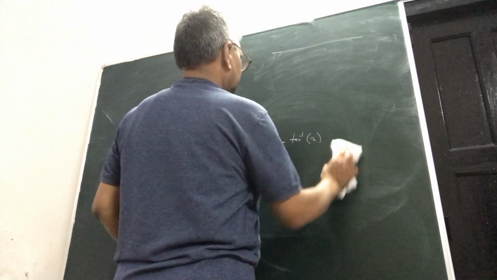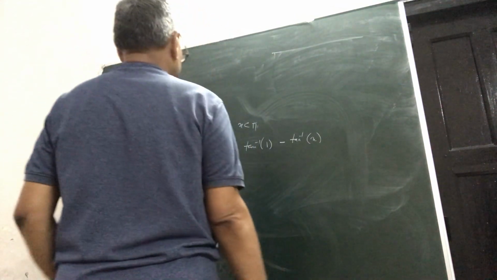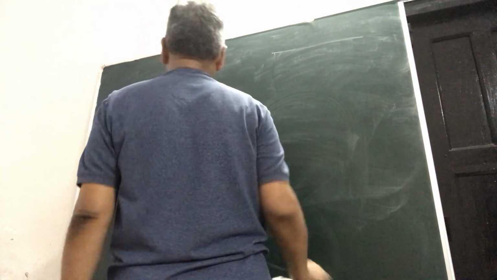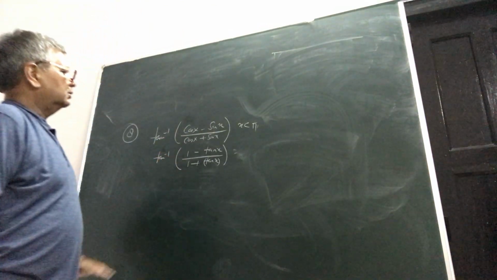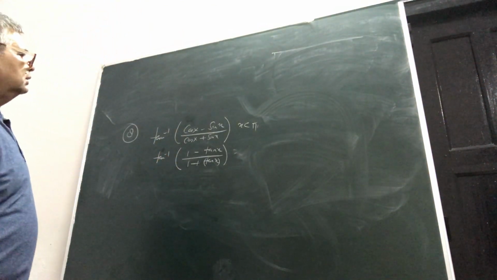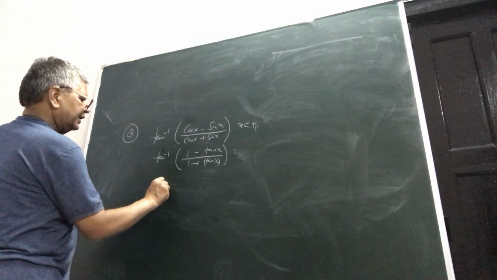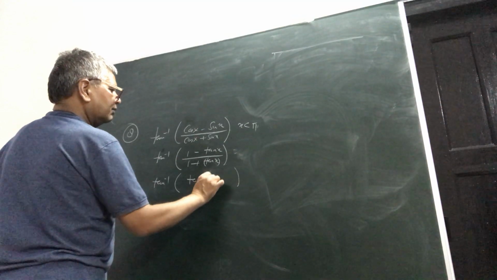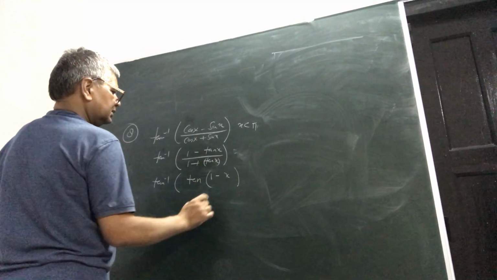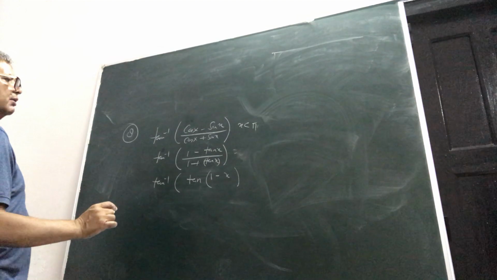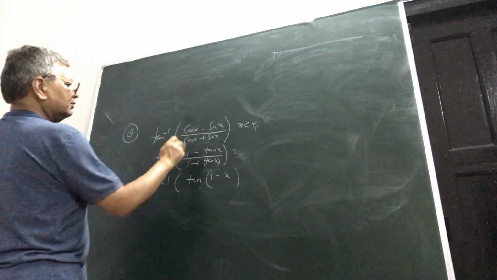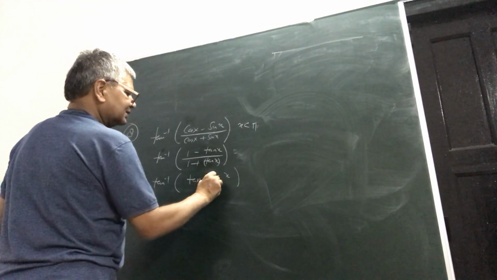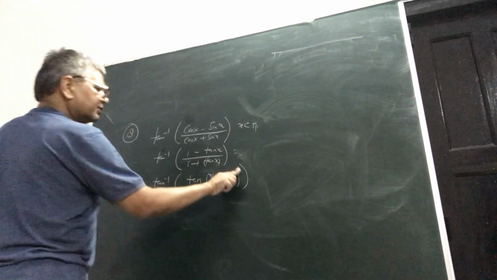Wait, hold on, just a minute. This thing can be written as tan of pi by 4 minus x. Okay, better write it like this, and then this bracket.